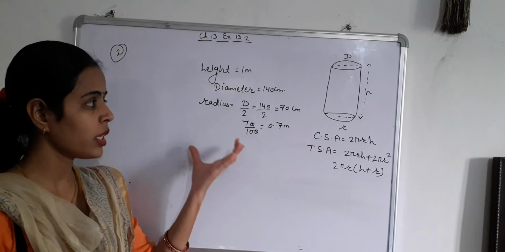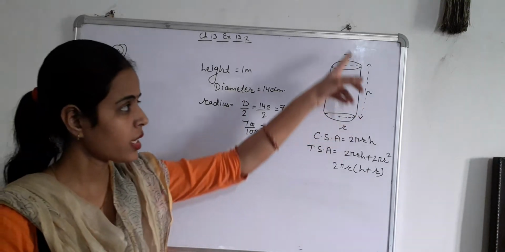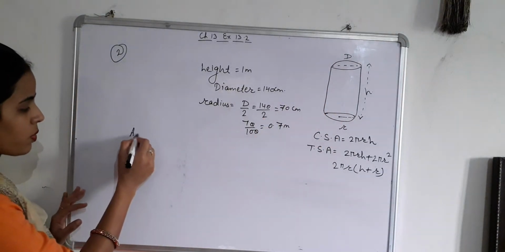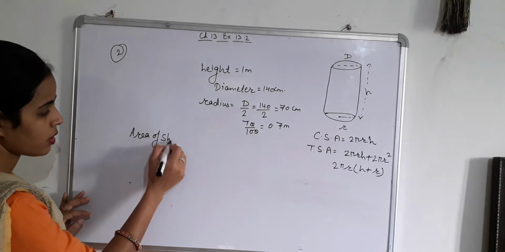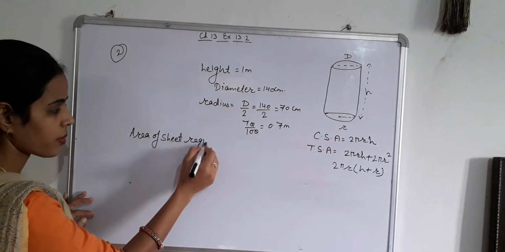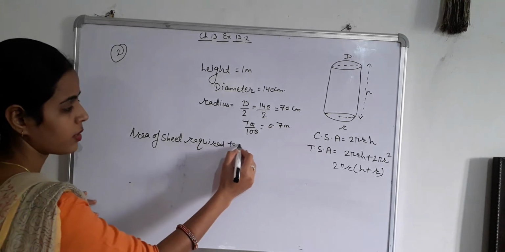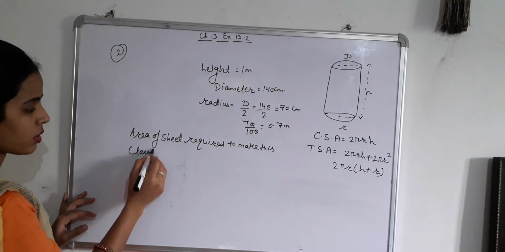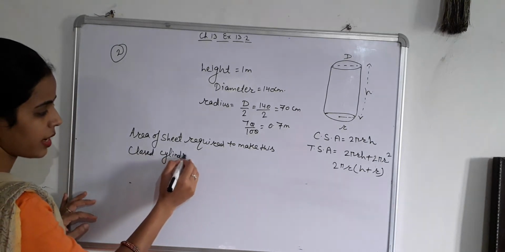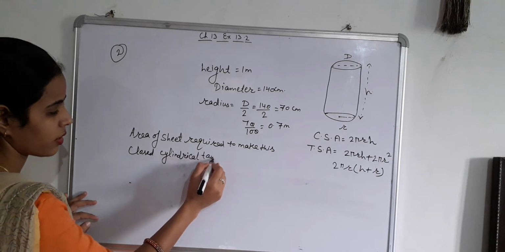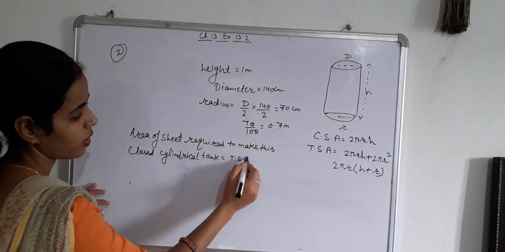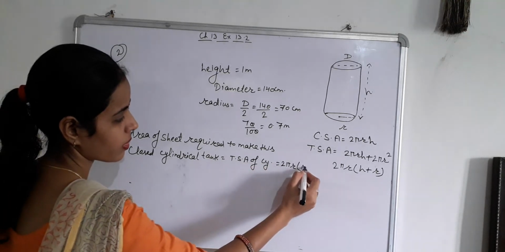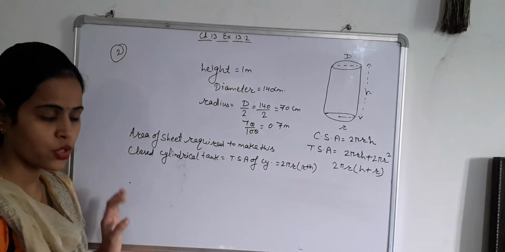We have to find the area of sheet required to make this closed cylindrical tank. So area of sheet required to make this closed cylindrical tank equals total surface area of cylinder, 2 pi r (r plus h).